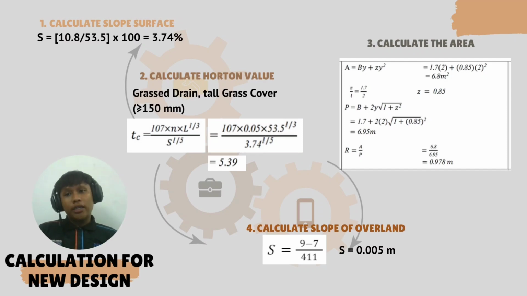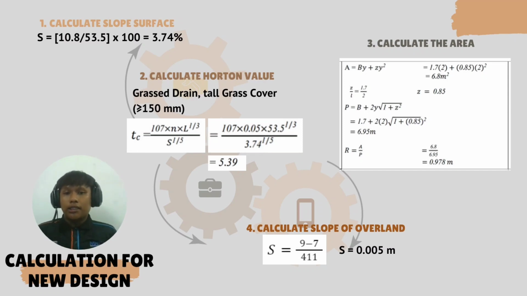Next, we go to the calculation for the new design, which has 8 steps. Number 1, calculate slope surface. We got 3.74%. Number 2, calculate Horton value, which we got 5.39.